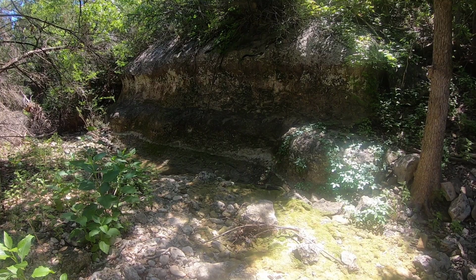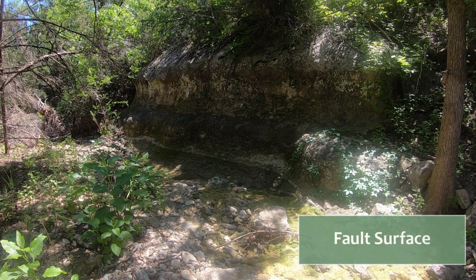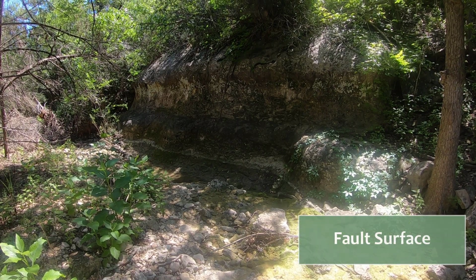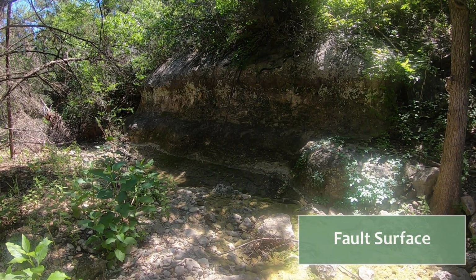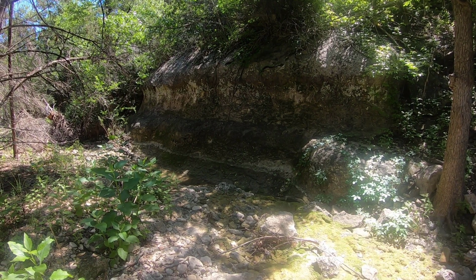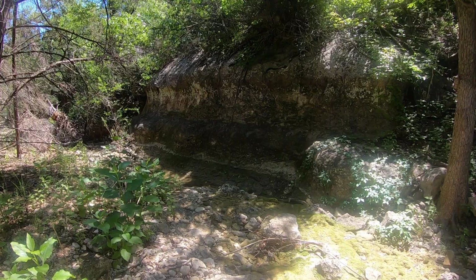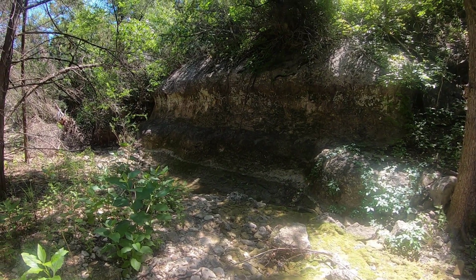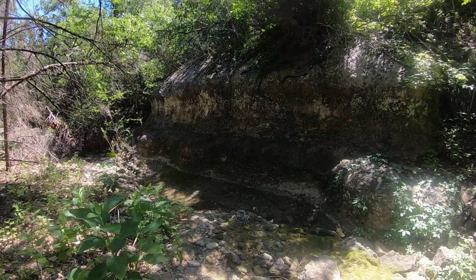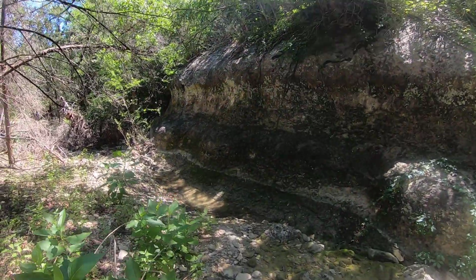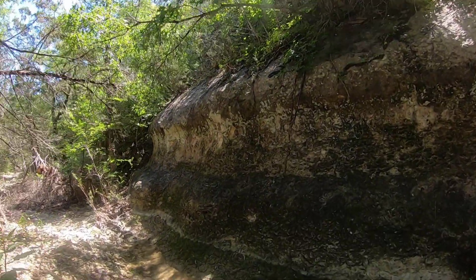Here's another interesting outcrop of the Edwards group in the Texas Hill Country. We're looking at the side of a fault, and very interestingly, the cycles of carbonate rocks that we see here in this sequence, in this outcrop, are all impermeable.